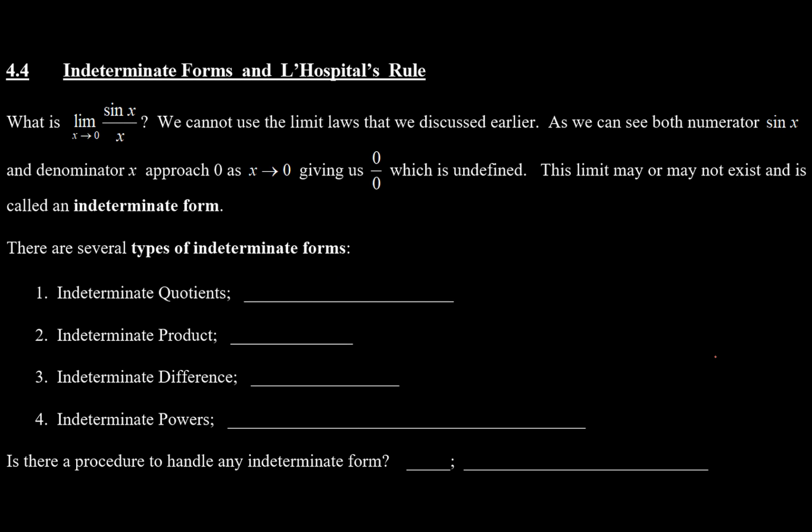All right, section 4.4, we start looking at indeterminate forms and L'Hôpital's rule. Remember when we found the limit as x approaches 0 of sine of x over x? We could not use the limit laws that we discussed earlier. As we could see, both the numerator sine of x and the denominator x approach 0 as x approaches 0, which gives us 0 over 0, which was undefined.